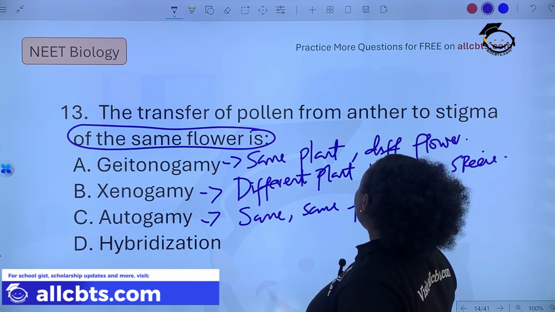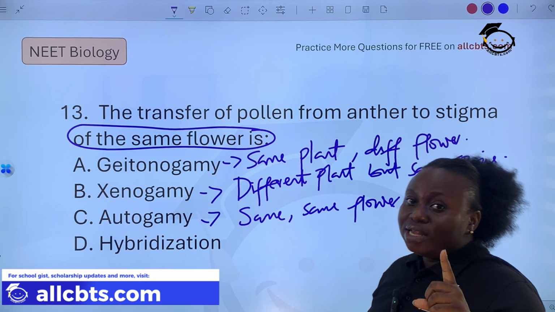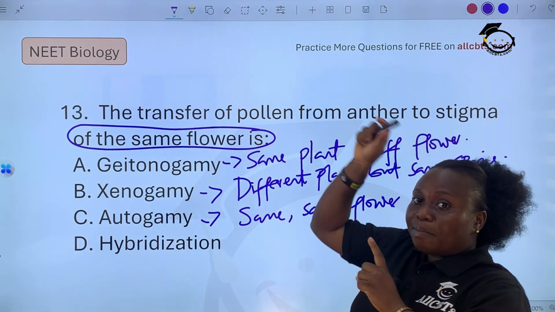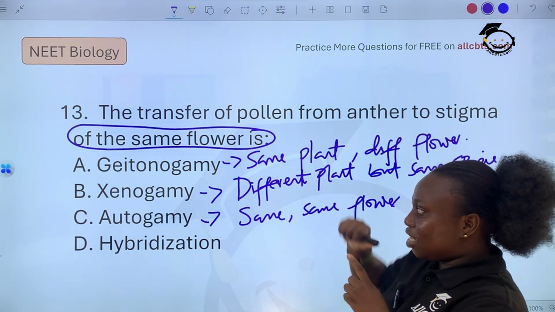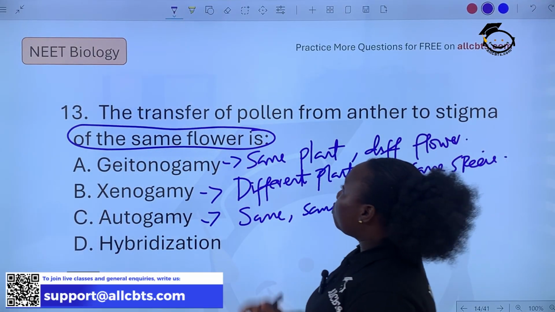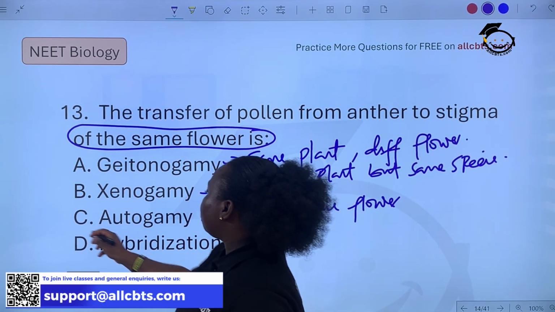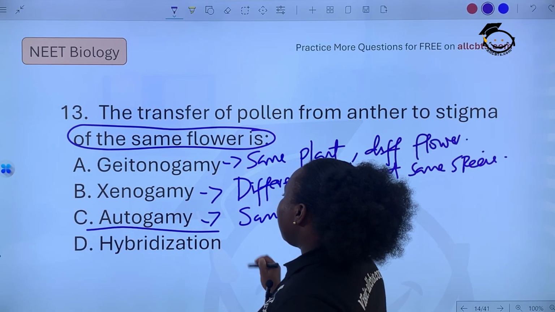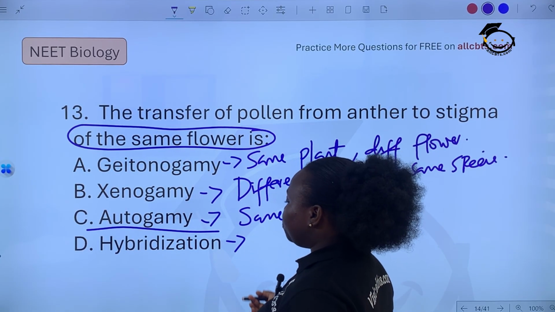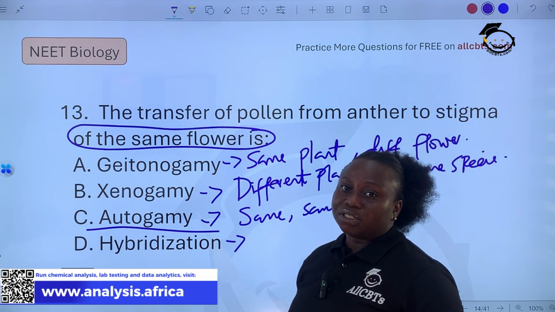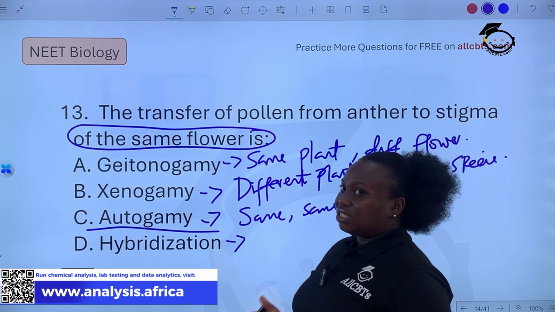That means in just one flower, the pollen grains of that particular flower are fertilizing that same flower. And that is what we have in our question, and the answer is option C, autogamy. Hybridization is of two different species, but it is man-made, it is man-engineered.